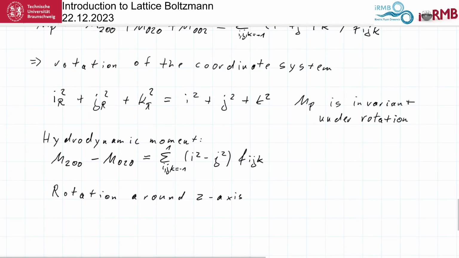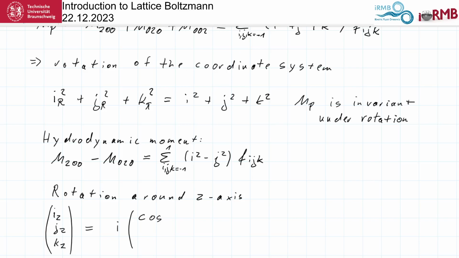So how does this look? Rotation about the z-axis, being more specific now. We have the vector of the rotated indices. This will be i times the rotated unit vector, and if we do this, we get cosine alpha, sine alpha, and 0.